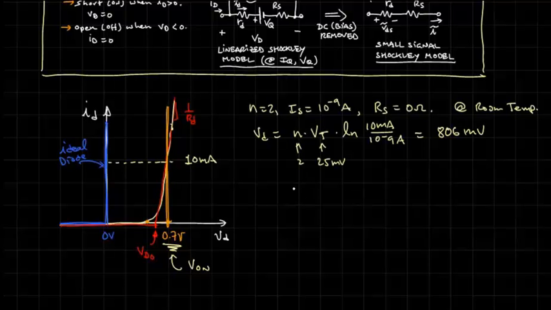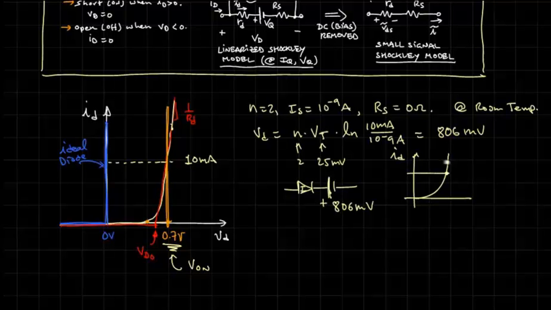So then your model might just simply be an ideal diode and a 806 millivolt battery. The idea is that here's the curve, and here is ID, and the operating point is 10 milliamps.